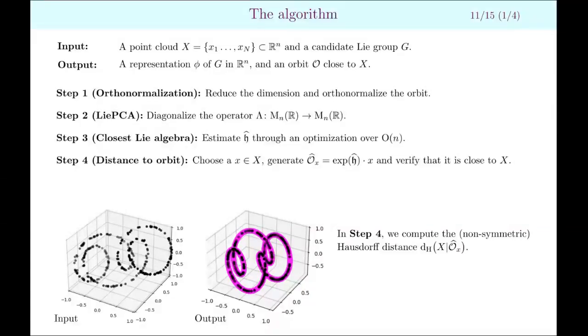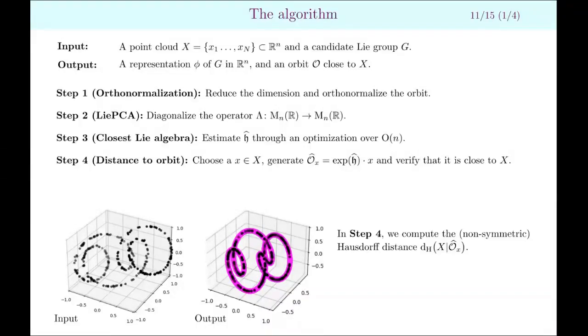reconstructing the orbits. So we pick any point in this point cloud, exponentiate the Lie algebra we found, and apply it to the point. To check whether the algorithm succeeded, we compute the Hausdorff distance between the point cloud and the estimated orbit that I wrote here.